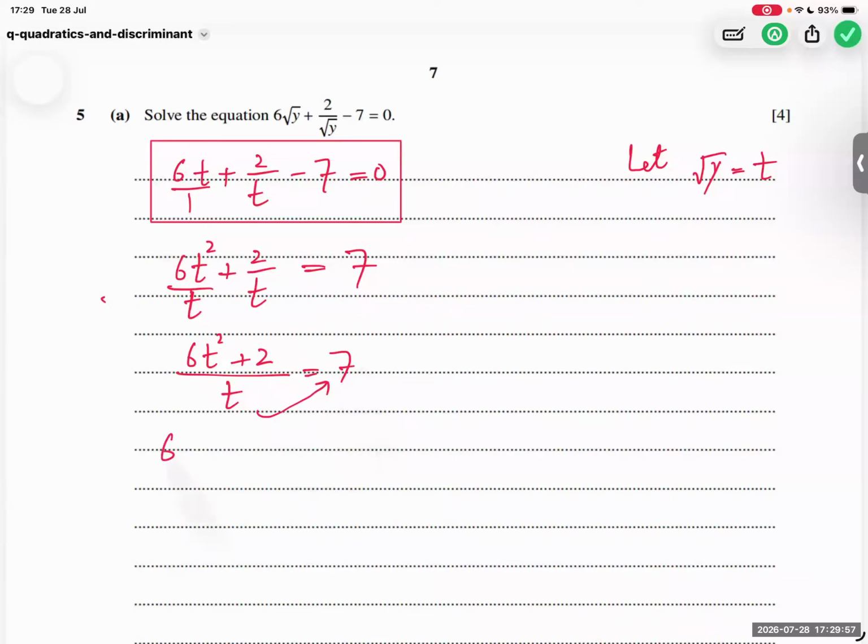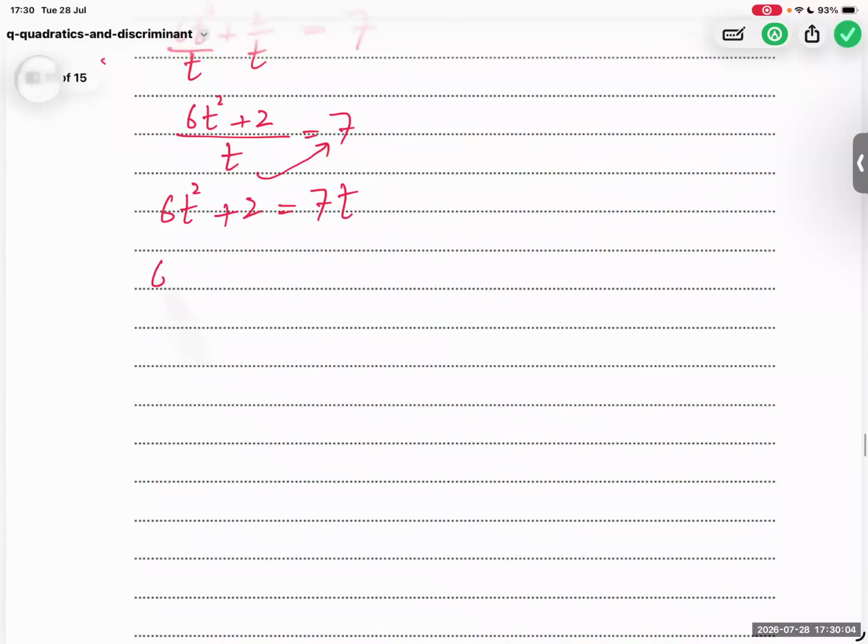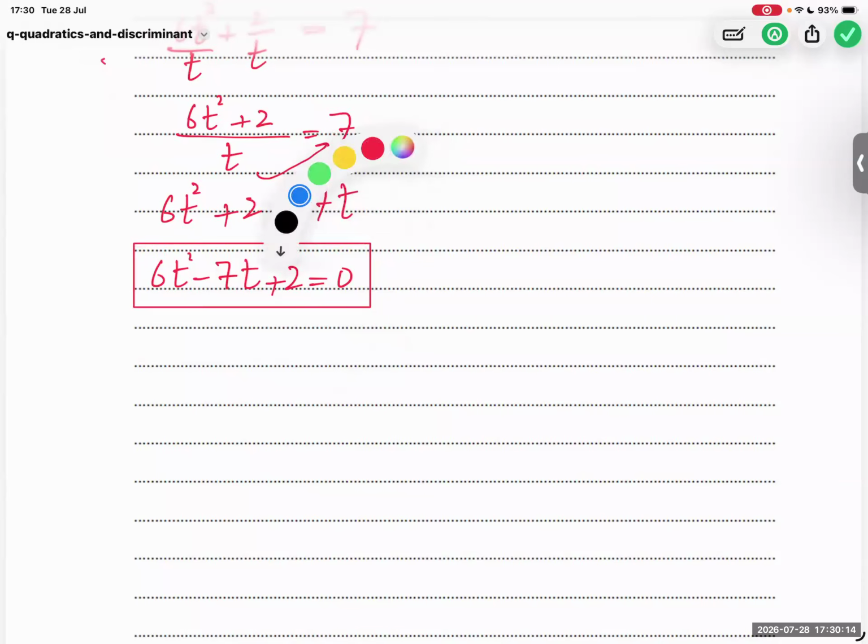And you can cross multiply it, making it 6t squared plus 2 is equal to 7t, right? So that is going to be 6t squared minus 7t plus 2 is equal to 0. Now 6 twos are 12. What are the possible factors? I guess 4 and 3. So 6t squared minus 4t minus 3t plus 2 equals 0.